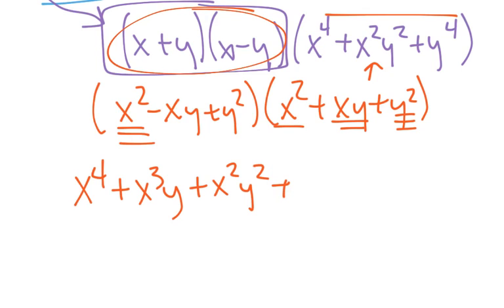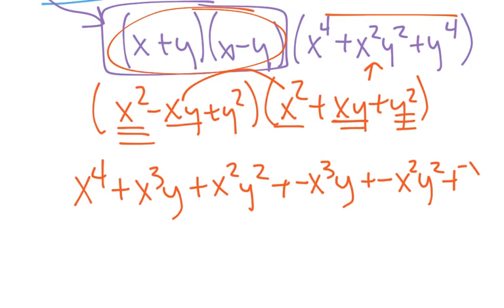Okay, plus, now we multiply this one. Negative x times x would give us a negative x cubed times y. Plus negative x times that would give us a negative x squared y squared. Okay, plus that would give us a negative x y cubed.